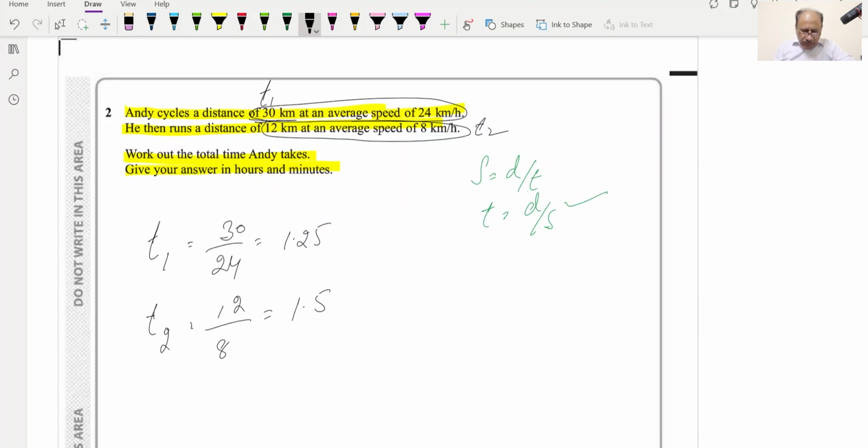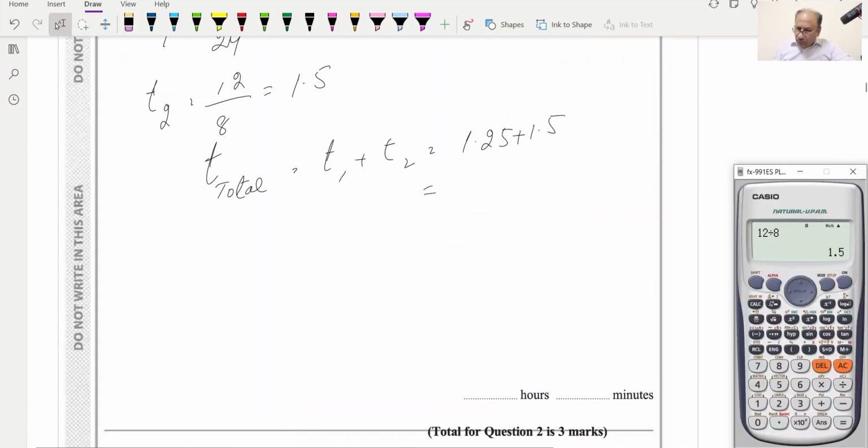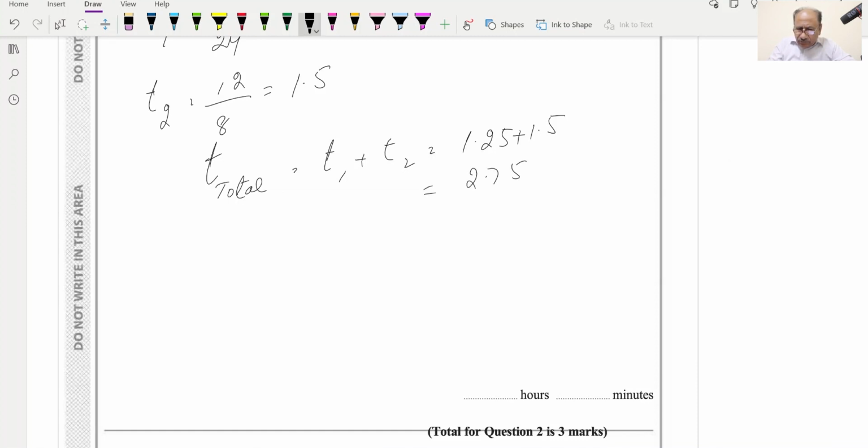Equal to 1.5. Now these are the two timings, and total time, t total, will be equal to t1 plus t2, and this will be equal to 1.25 plus 1.5, which is 2.75.